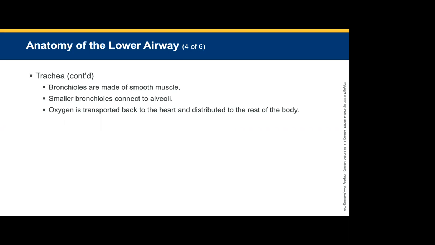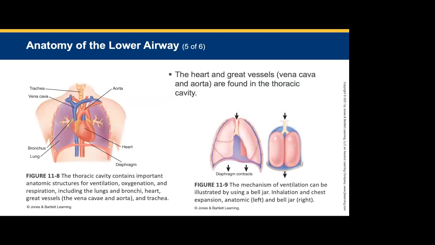Look at this one. So you see air comes in here, comes through the lungs, goes back through the heart, and is pumped back out through the vena cava and aorta. So blood comes in and blood goes out.